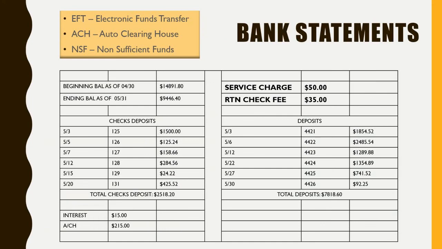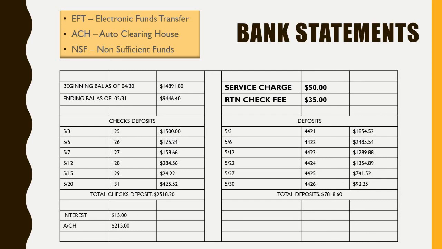Okay? And then I'm going to take a look at what service charges or any NSF fees, right? Or if I wrote a check and it bounced, they're going to charge me money for that. So in this case, I have service charges, right? I use the bank to take care of my checks, payroll checks, anything like that. That's going to be considered a $50 service charge.